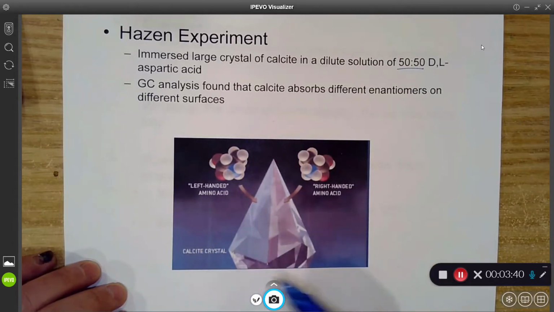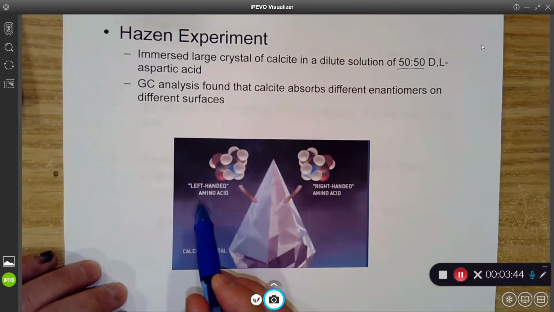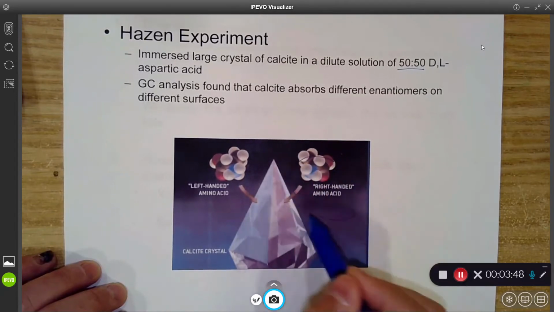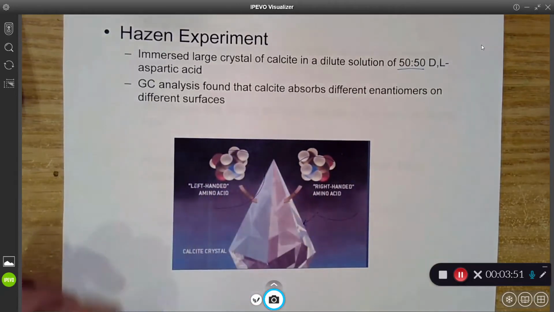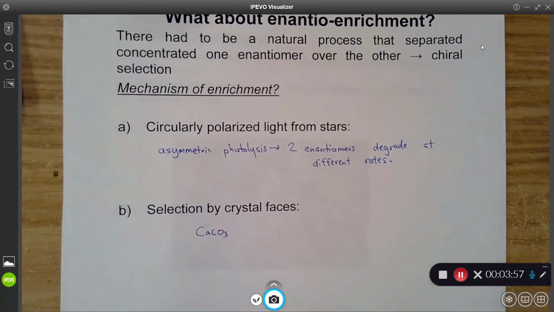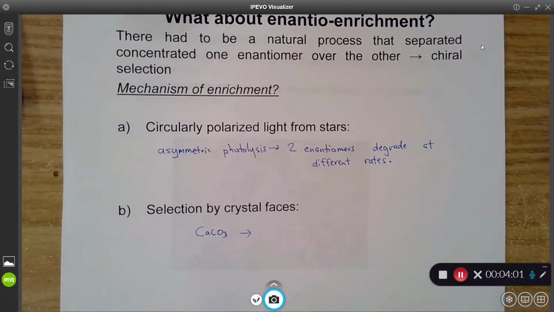So it's not an equal distribution. On one side, you would get the left-handed amino acids adsorbing, and on the other side, you get the right-handed amino acids. So this was thought about in terms of selection by crystal faces, in that if you have something like calcium carbonate, they display surfaces that have mirror-like relationships.